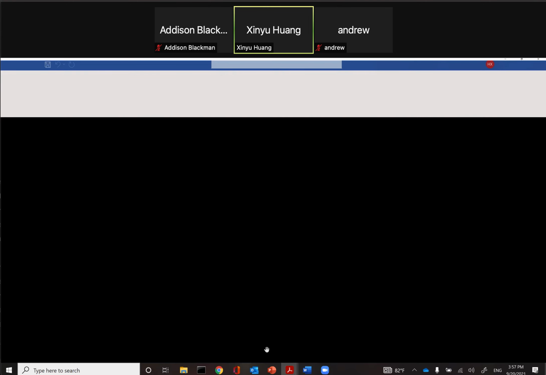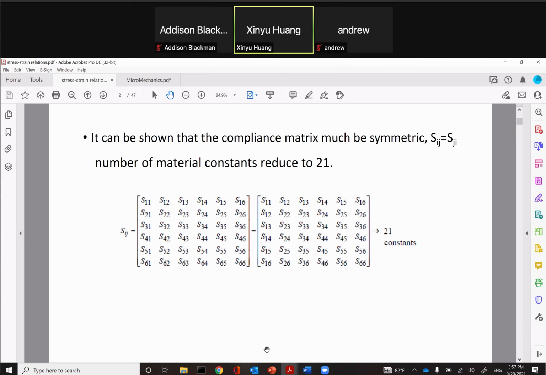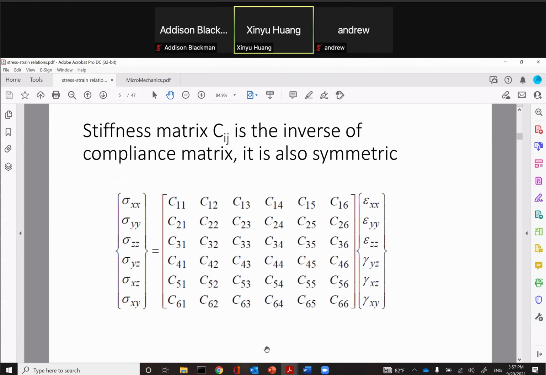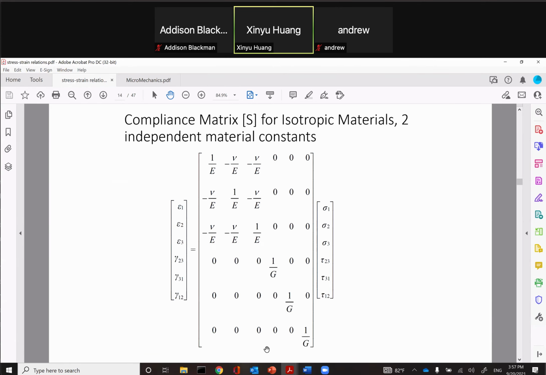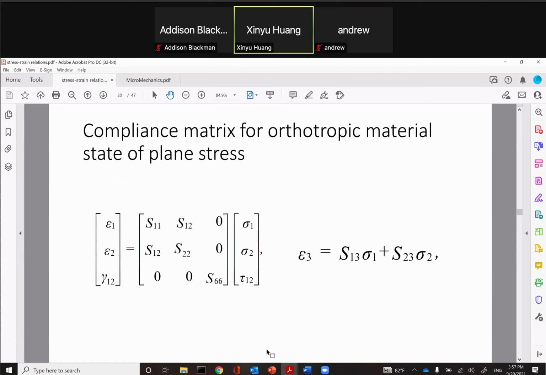So we talk about these stress strain relationships. There are a wide variety of them. What's really concerning us, that we use very frequently for composite, is the single layer properties. So this is what's most important to us.